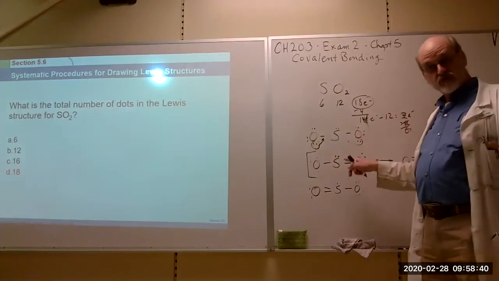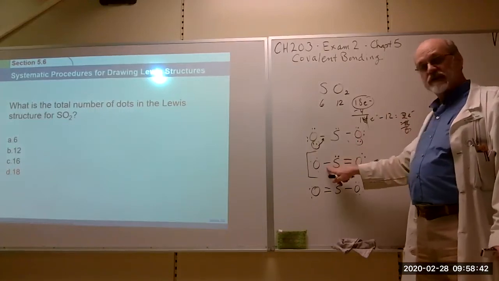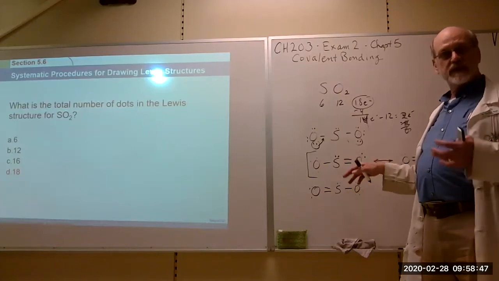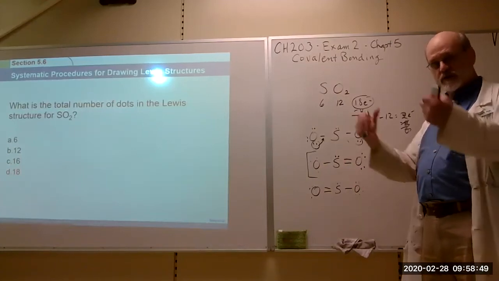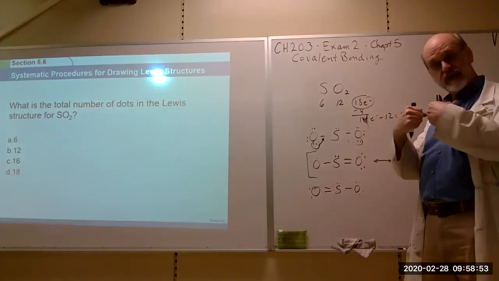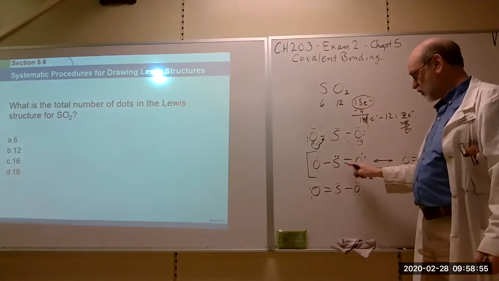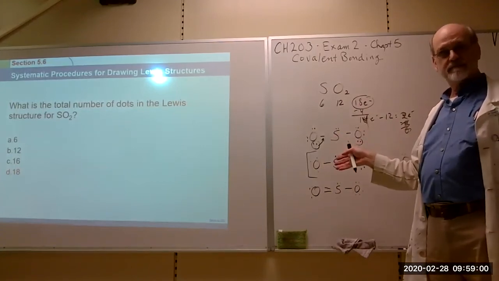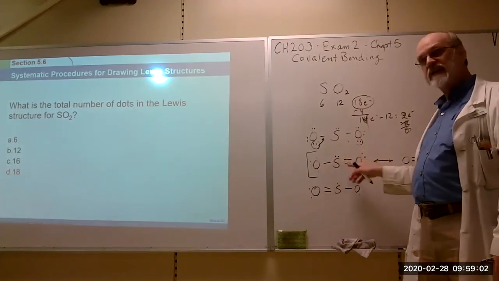Now, the way we've got them drawn, this is drawn as a single bond, and this one has a double bond. And usually, double bonds are shorter than single bonds because they're stronger or tighter. Triple bonds are even stronger than that. So this one should be a shorter bond than that one, the way we've drawn it. But it's not. They're both equal.